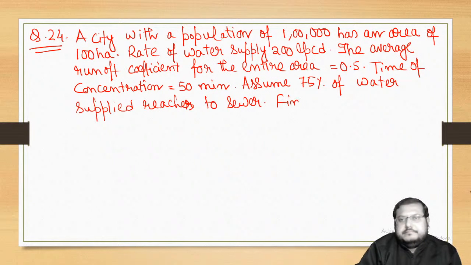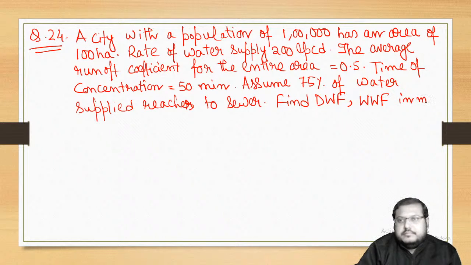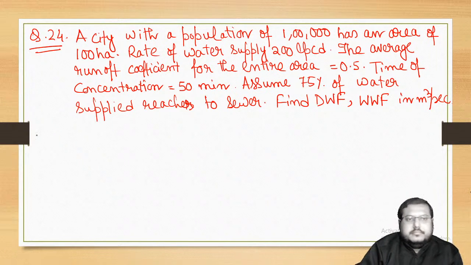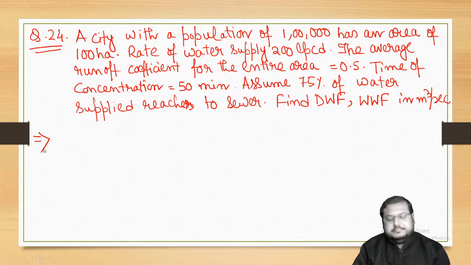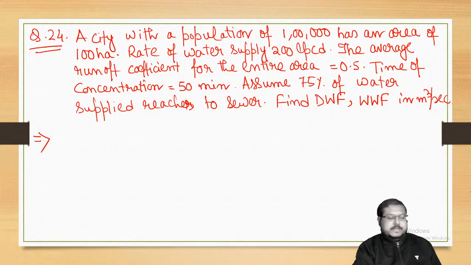Find dry weather flow and wet weather flow in meter cube per second. Solve it, please. One more question is there. That will be the end of this chapter. Then we will go for the problems from design of sewer itself.